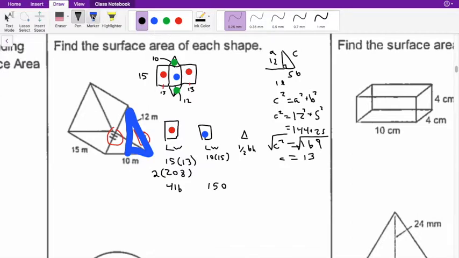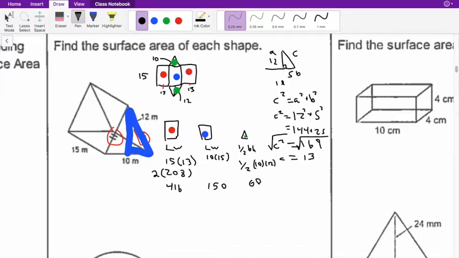Let's dot those green. So half times the base is 10 and the height is 12. So 10 times 12 is 120, divide that by 2. It's going to give us 60.